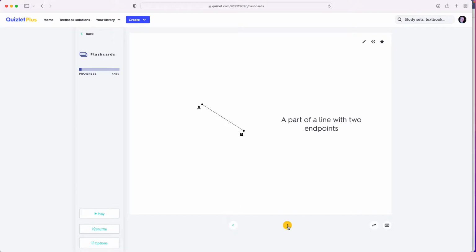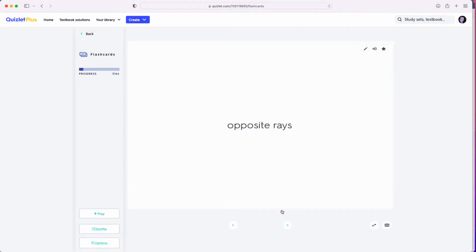A part of a line with two endpoints is a line segment. Points that lie on the same line are collinear. A part of a line with one endpoint that continues without an end in the other direction is a ray. Two rays that have the same endpoint and go in opposite directions are opposite rays. It's also a straight angle or a straight line.